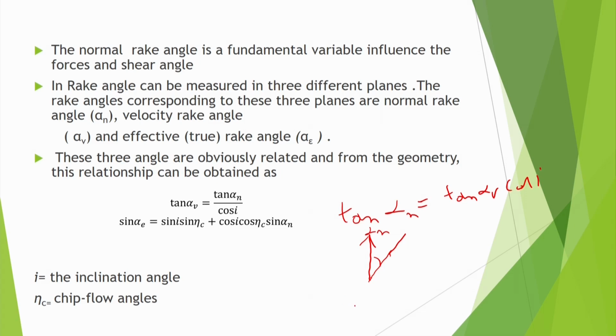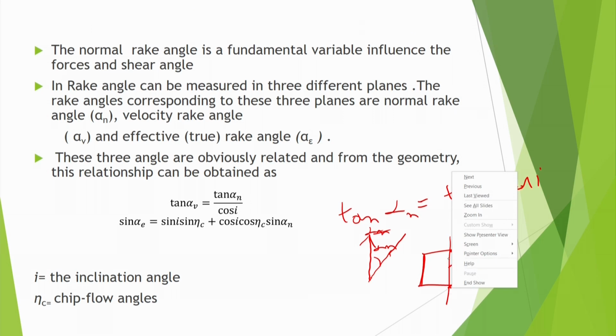So there is alpha n, the normal rake angle. Suppose I make one sketch like this, one plane, to show an orthogonal view. Suppose this is the vertical one, and this is some line on that normal plane, and this is alpha n. So naturally tan alpha n becomes this divided by this vertical height.